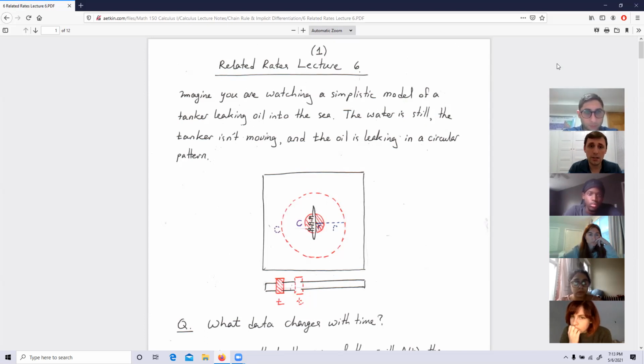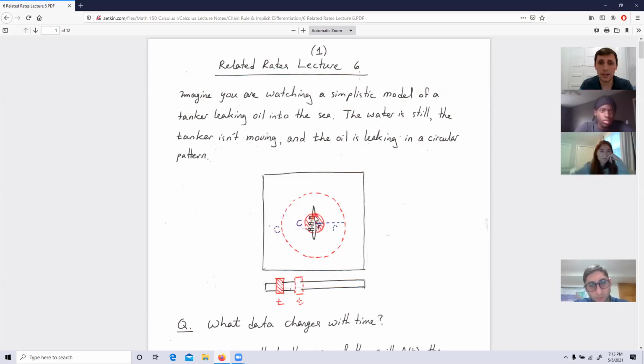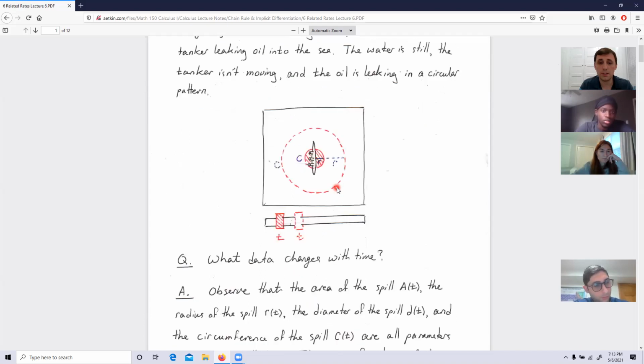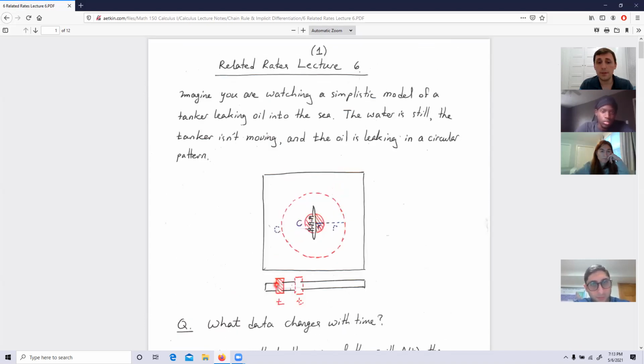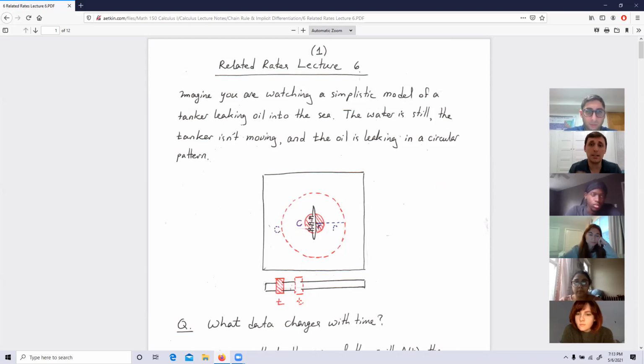You understand? That means as I move the time bar, the area of the circle becomes larger, and it becomes larger by exactly 2 square centimeters every minute.